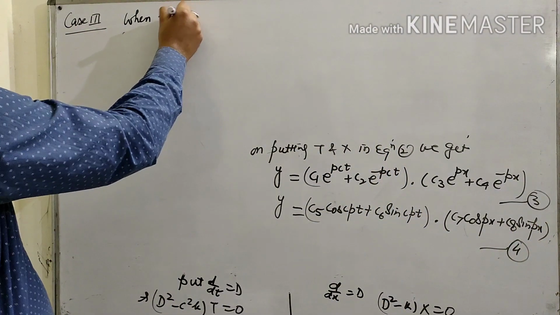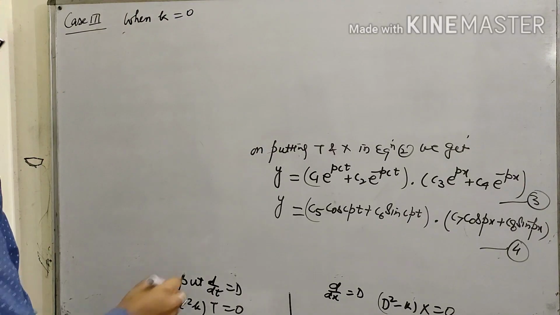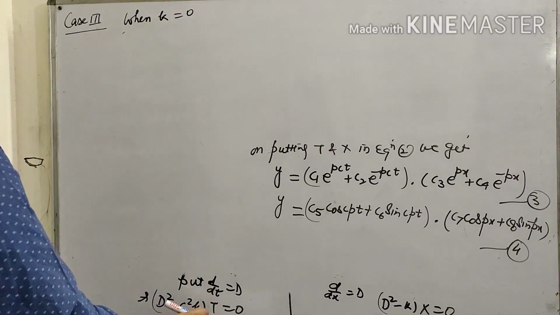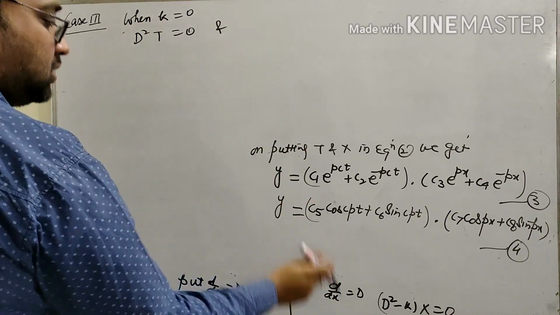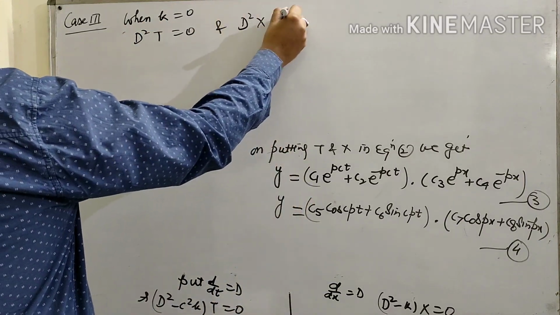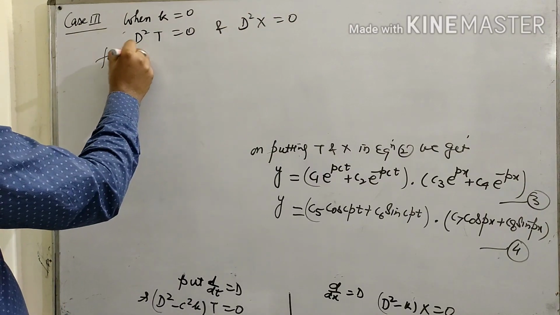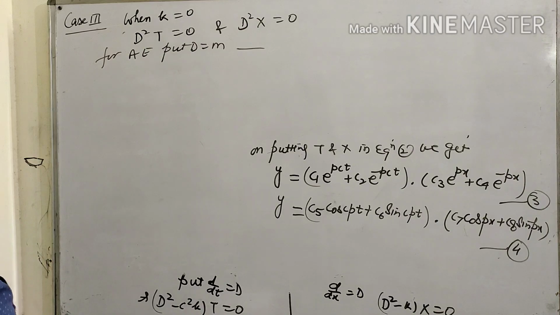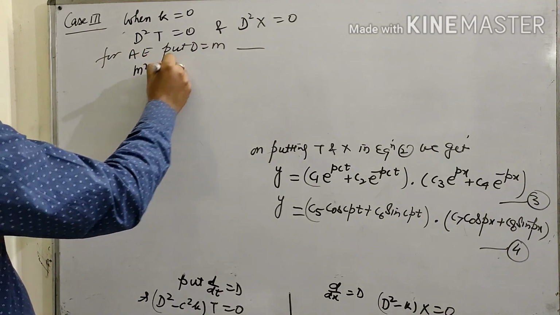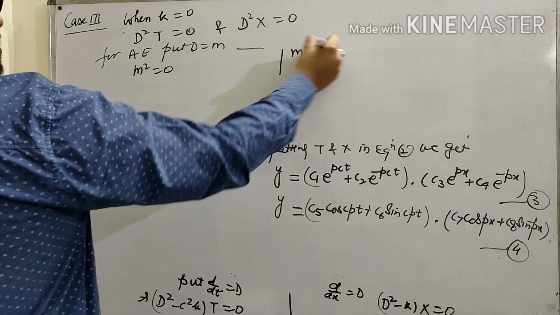Case third, when k is equal to 0, then from this particular condition D square capital T equals 0, and from this condition D square capital X is equal to 0. So for the auxiliary equation, put D equals m, then equate to 0 the bracket of LHS, that is m square is equal to 0 and m square is also equal to 0.